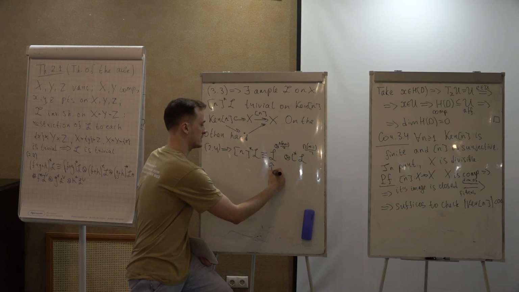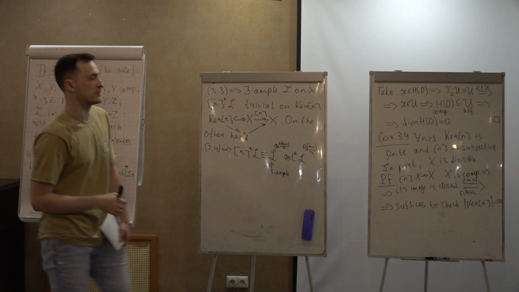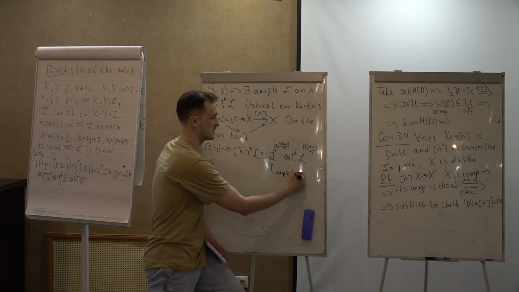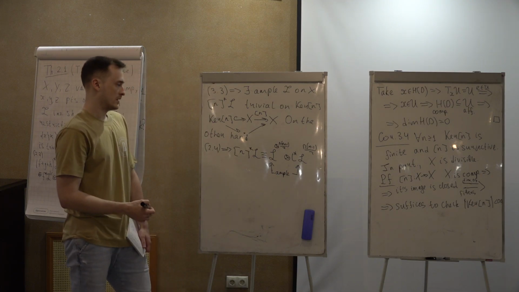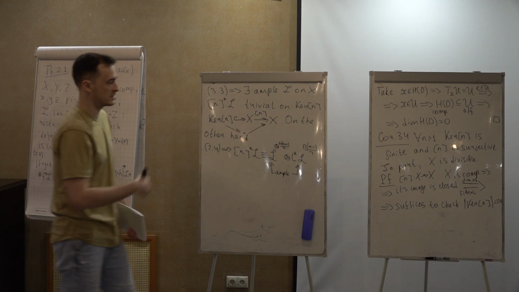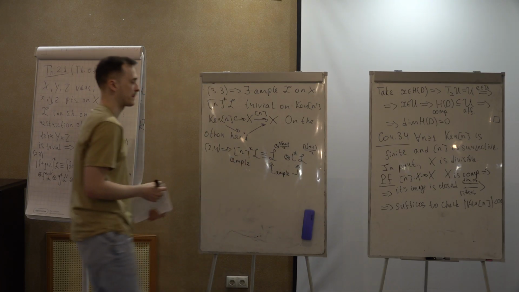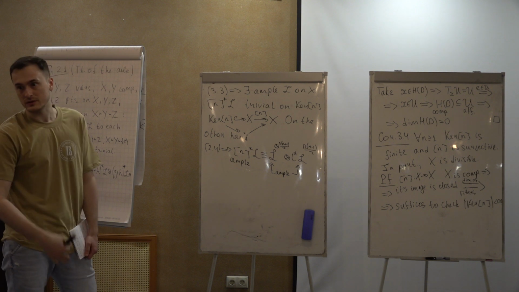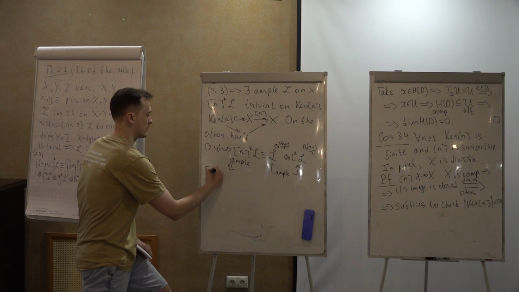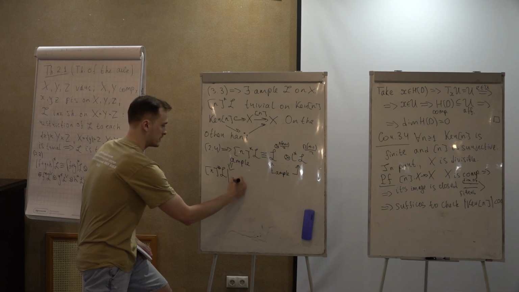So this one is ample. And here we have tensor power of ample, which is ample, and a pullback by an isomorphism, so that's again ample. And this whole stuff is the tensor product of two amples, again ample, so that's ample. The restriction of an ample is ample. Kernel.